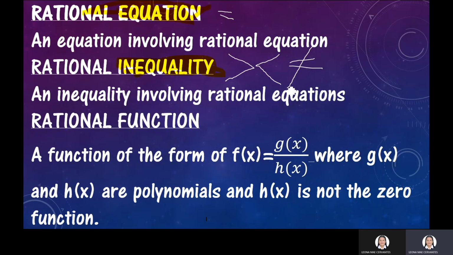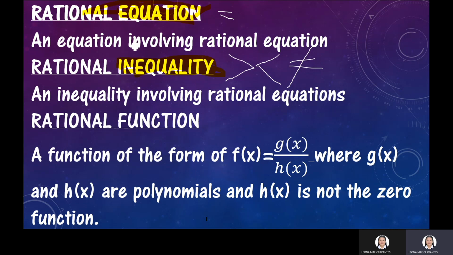Next, rational function. A function of the form f of x equals g of x over h of x, where g of x and h of x are polynomials, and h of x is not a zero function. Again, recall: rational equation, equation, equal.